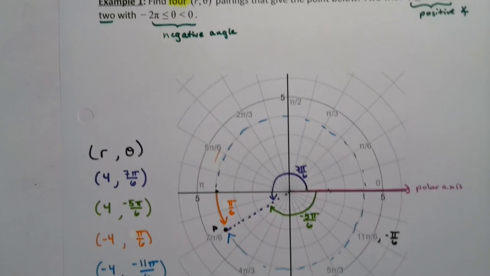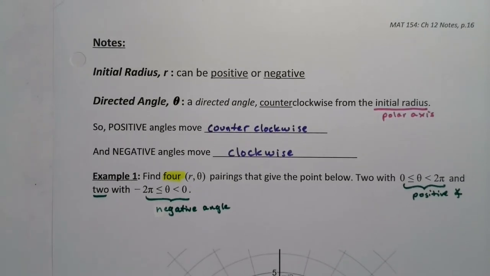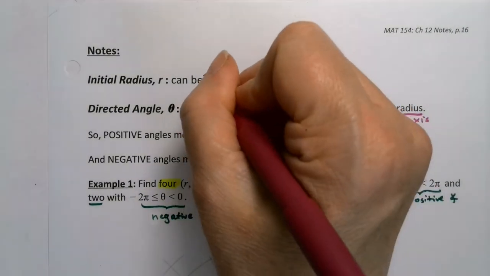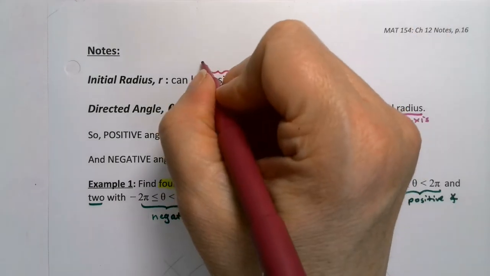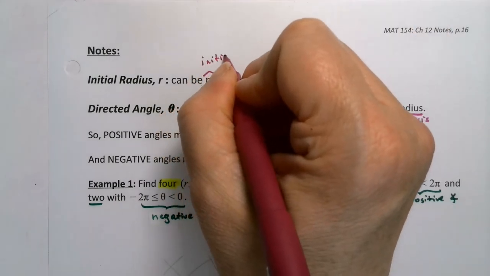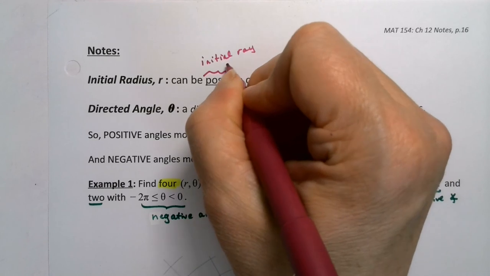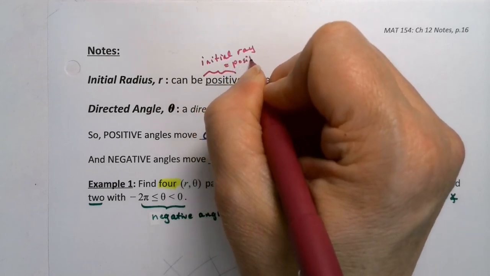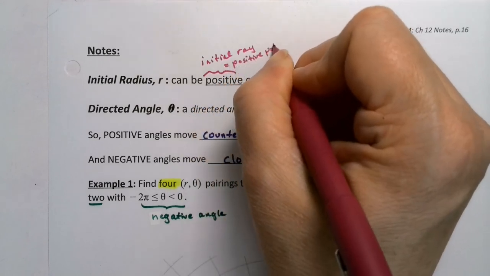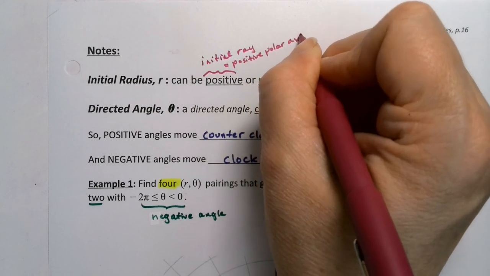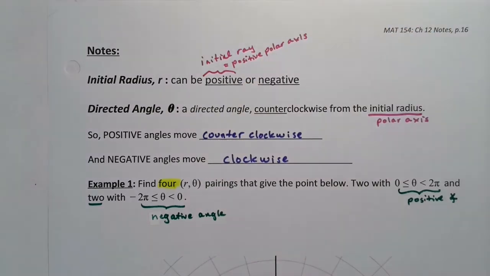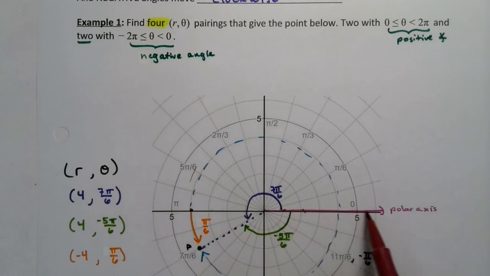So now we kind of see what I meant up here. When you have a positive radius, it means that your initial ray is the positive polar axis, what you and I know of as the x-axis, right? The positive x-axis right here.